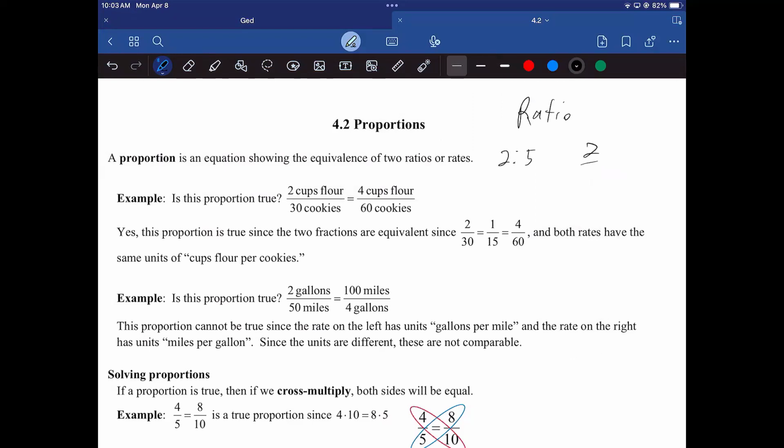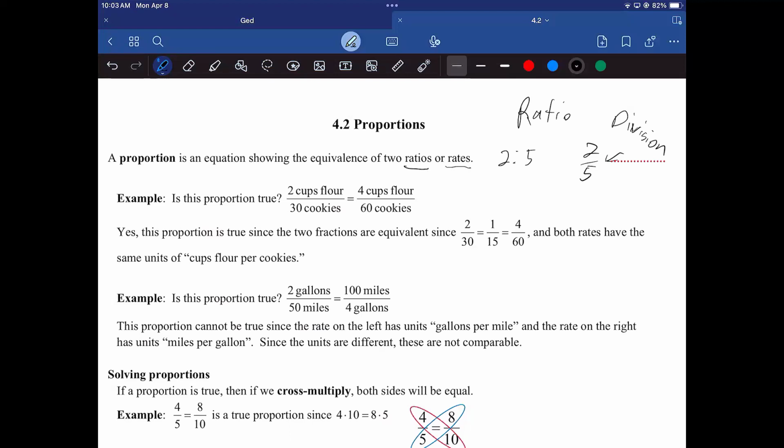Or 2 out of 5. Notice we have this. This is division. And division, we call it as a ratio. We work all the time in the rational numbers, but we also call them rates.